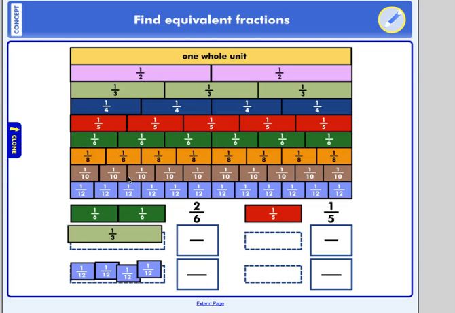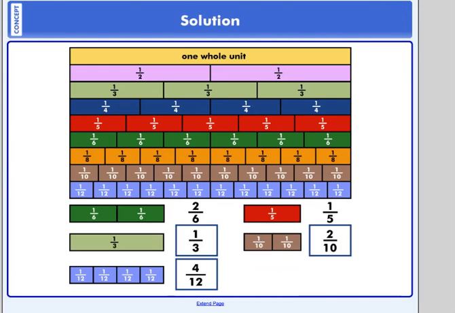It looks like the only line here that matches up is this one here, and so what we have there is 1, 2 tenths. If we look at our solution here, we can see, yep, 1/3 and 4 twelfths are equivalent to 2/6, and 2 tenths is equivalent to 1/5.